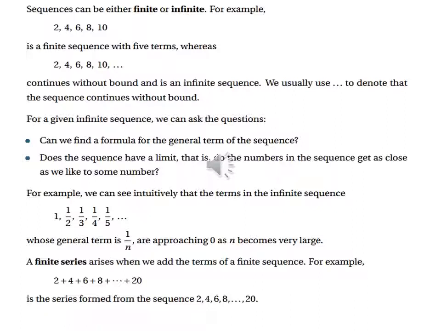If it exists, this limit is often referred to as the limiting sum of the infinite series. In this module, we examine the limiting sum for one special but commonly occurring type of series known as a geometric series.